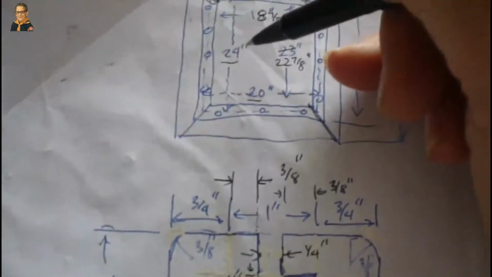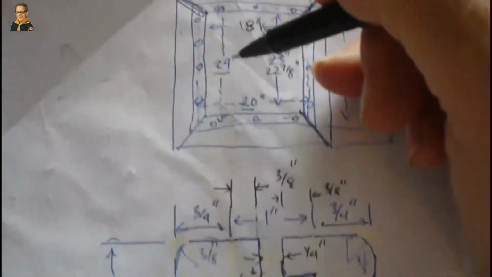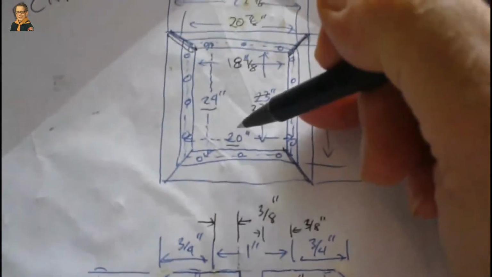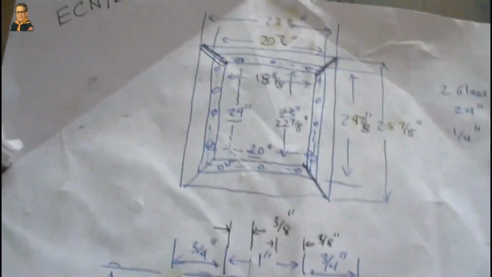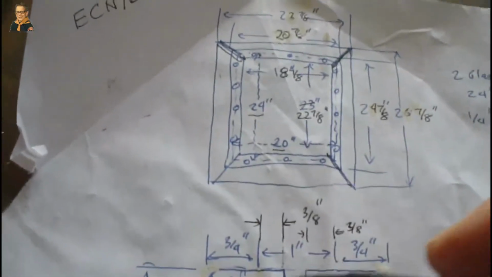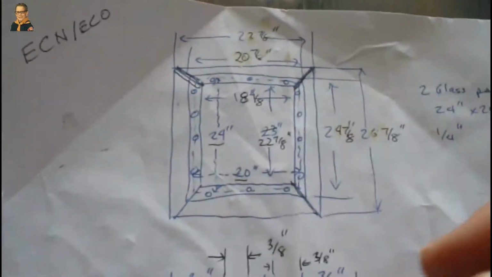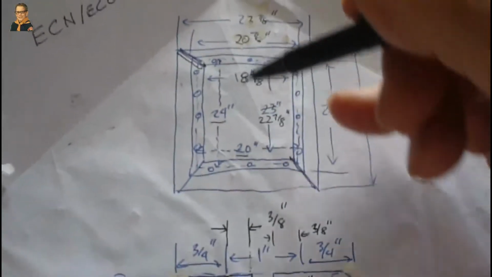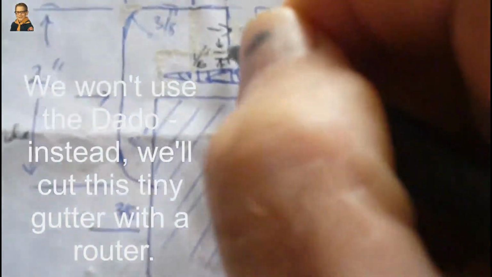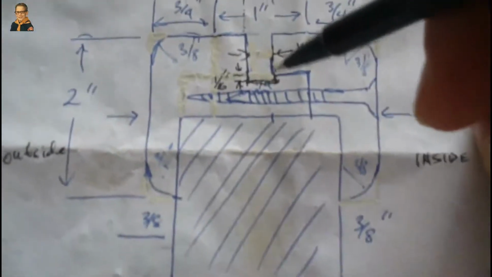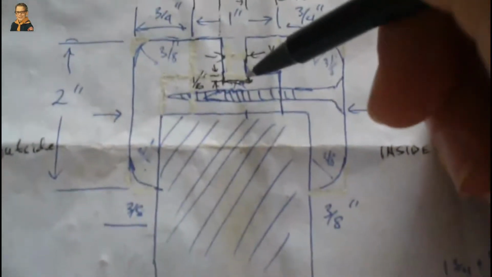The window size is not going to change, 24 by 20, obviously, because I'm not a window cutter. If I wanted to, I don't have the equipment. I don't know who can shave 1/8 of an inch off of a piece of glass. So in order to compensate for that, we're going to use the dado, which is this guy right here, and cut about 1/16 of an inch deeper into our trench here.